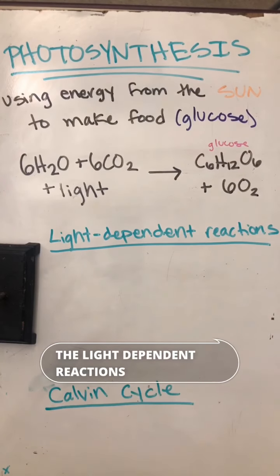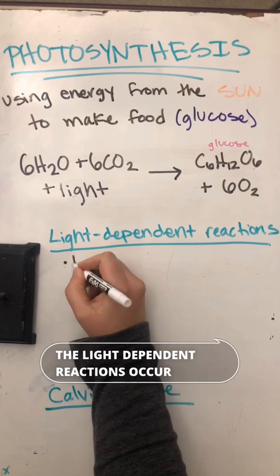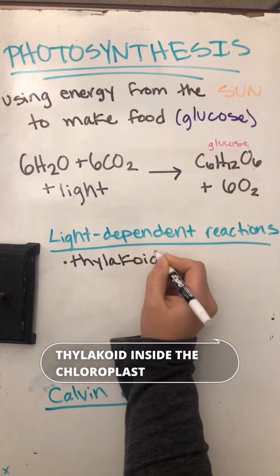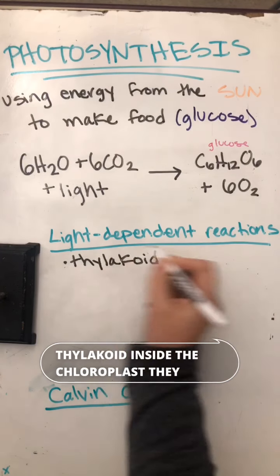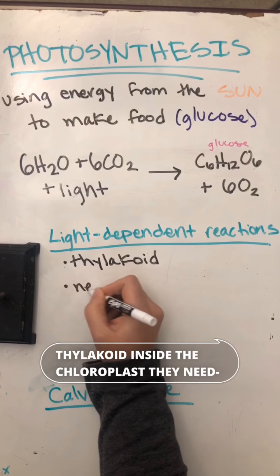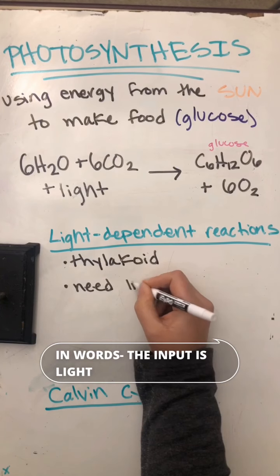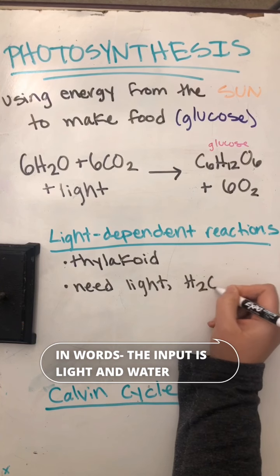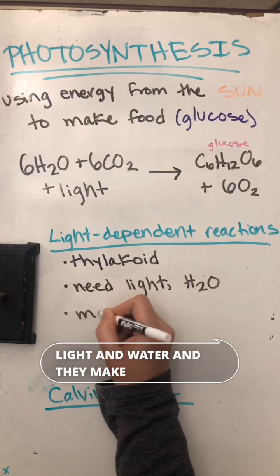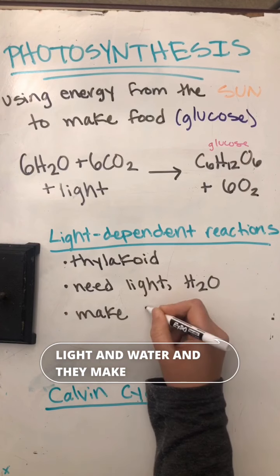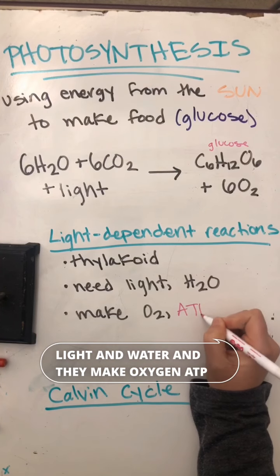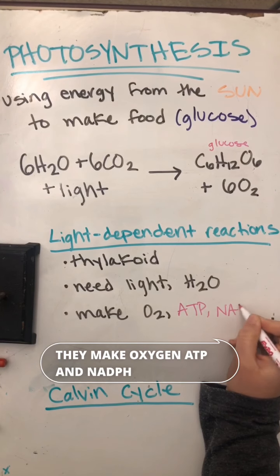The light-dependent reactions occur in the thylakoid, inside the chloroplast. They need, in other words, the input is light and water, and they make oxygen, ATP, and NADPH.